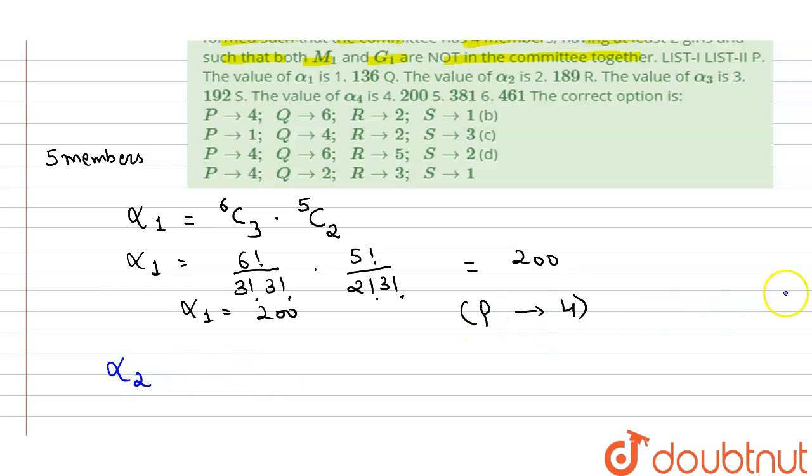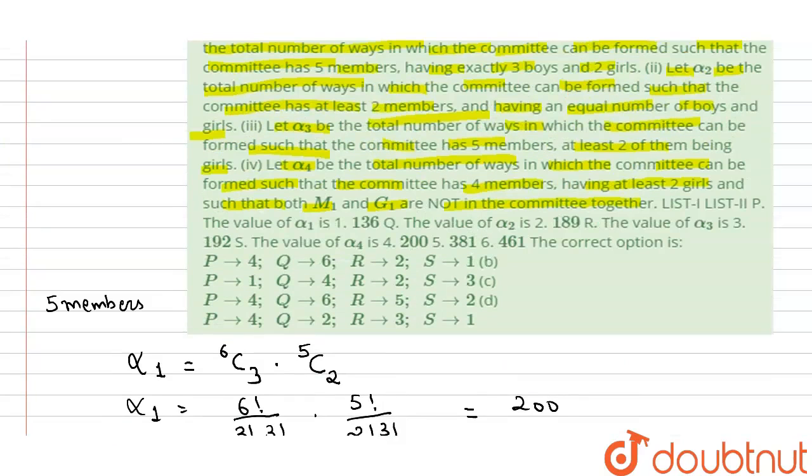So for alpha 2, let alpha 2 be the total number of ways in which the committee can be formed such that the committee has at least 2 members and having an equal number of boys and girls. There should be an equal number of boys and girls, and the committee has at least 2 members.